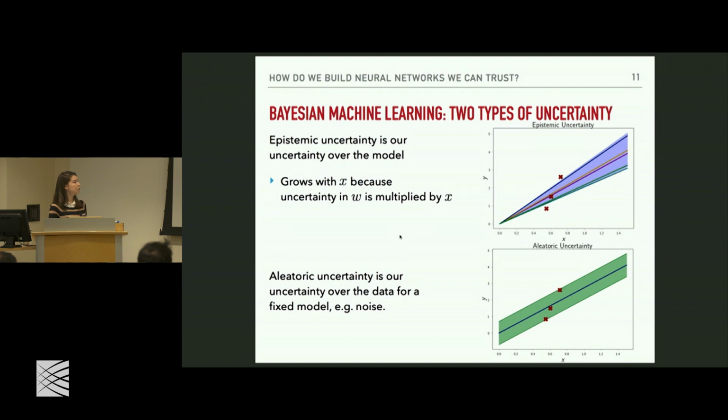And there's also aleatoric uncertainty, which is our observation noise. So for a fixed model, we have, for example, additive Gaussian noise that is often present in the data.